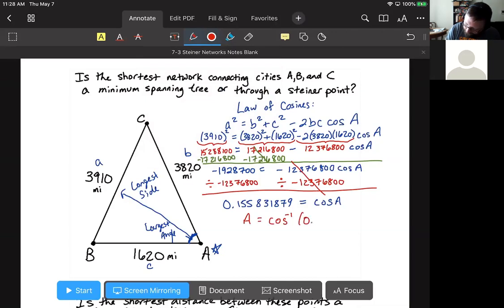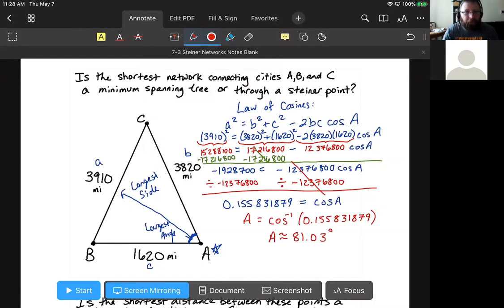So we're going to take the inverse cosine, second cosine on your calculators, of that decimal, which gives us an angle A is roughly 81.03 degrees.